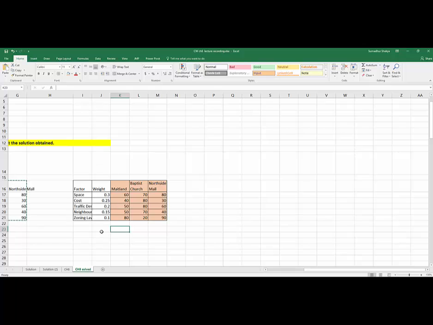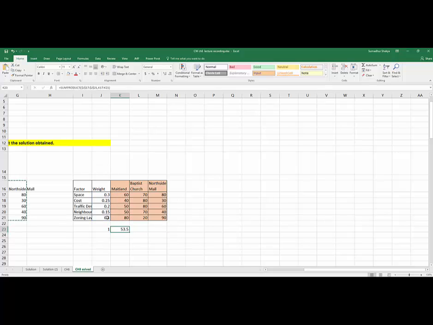Before I get any further with the calculations, I want to check if the sum of all the weights equals 1. This acts as a check in avoiding any mistakes. So let's say equals SUMPRODUCT. I'm going to select the weights, hit F4 to freeze, and then select the Mainland scores.